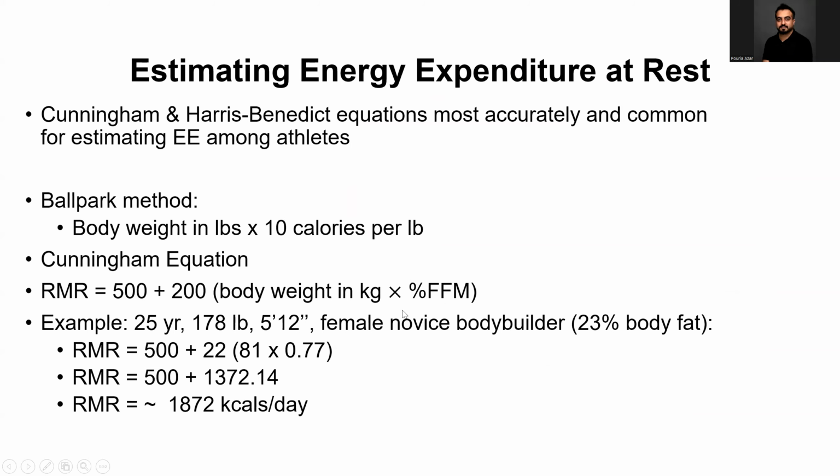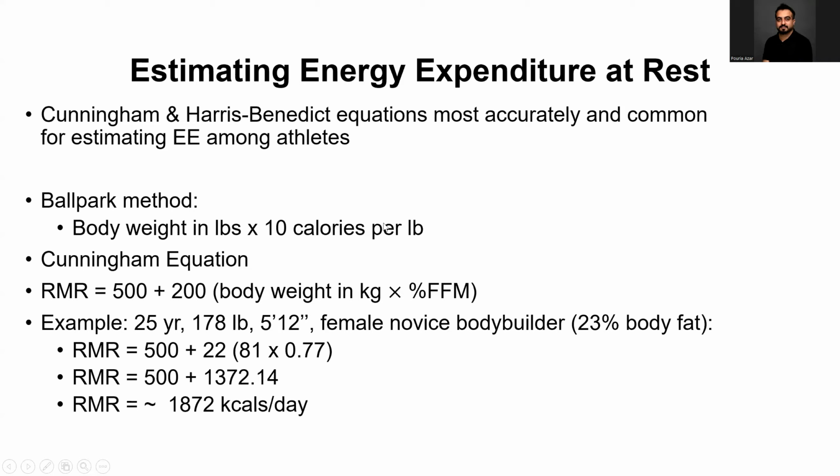So among the energy expenditure formulas and equations, Cunningham and Harris-Benedict equations are more accurate and common among athletes. We also have the ballpark method, which is the body weight in pounds multiplied by 10 calories per pound.